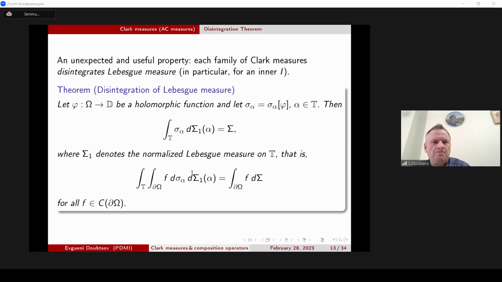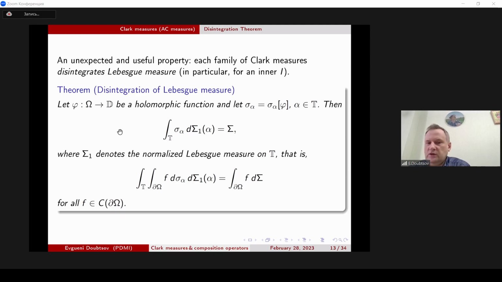Also in English literature, this theorem in dimension one is often referred to as Alexandrov's disintegration theorem. Okay, so in several variables we have a function p defined on domain omega and mapping into the unit disk. We have this holomorphic function. We consider the corresponding Clark measures, sigma alpha of p. Alpha is the parameter on the unit circle.